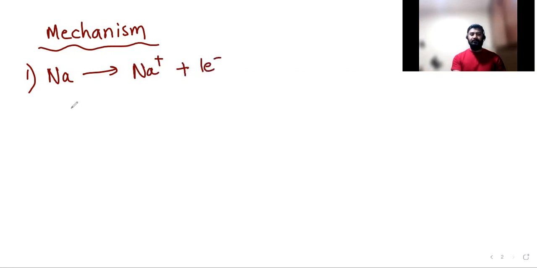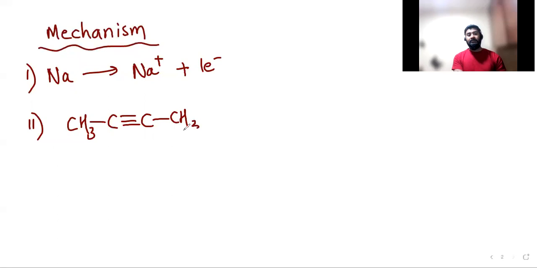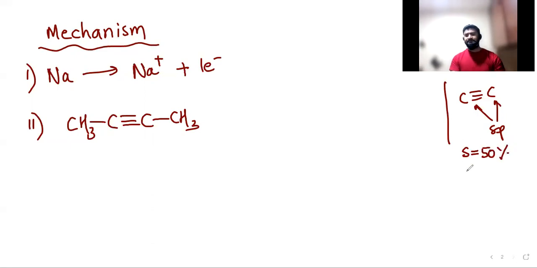Now, what is this electron looking for? The electron is looking for someone who is electrophilic. Excellent. Someone who has a positive charge. So look at this compound here, CH3, C triple bond C, CH3. We are aware that a carbon having a triple bond is sp hybridized, and being sp hybridized, it has 50% s character and 50% p character.